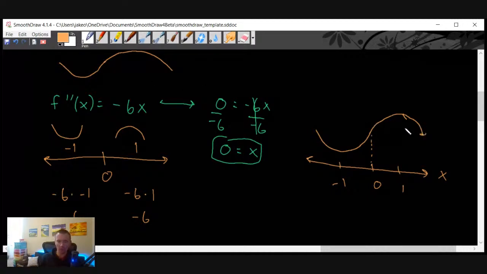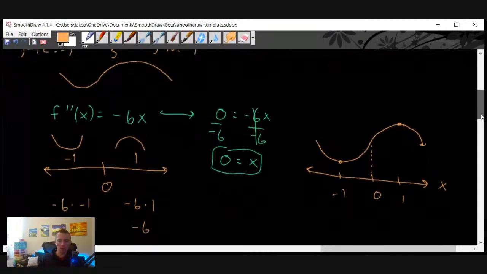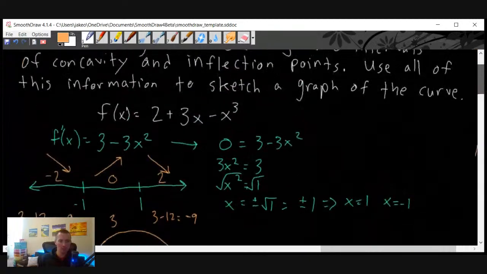What we could also figure out, if we wanted to, is exactly where these max and min values are. All we would have to do is take x equals -1 and x equals 1 and plug them back into our original function. So f of -1 would just be plugging in -1 for x here.